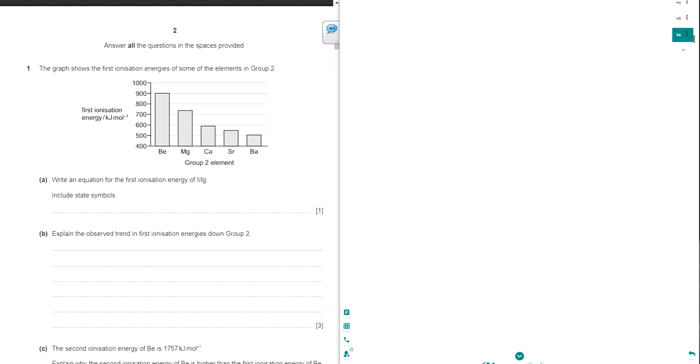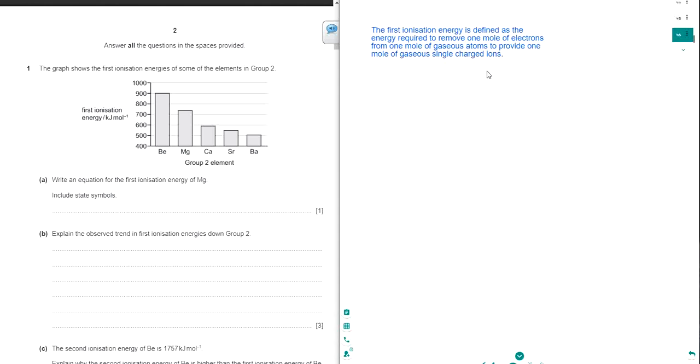So the first ionization energy is defined as the energy required to remove 1 mole of electrons from 1 mole of gaseous atoms to provide 1 mole of gaseous single-charged ions.